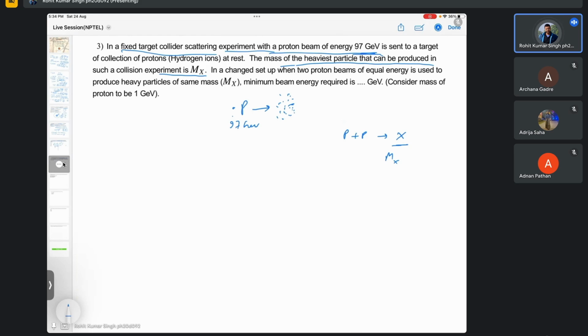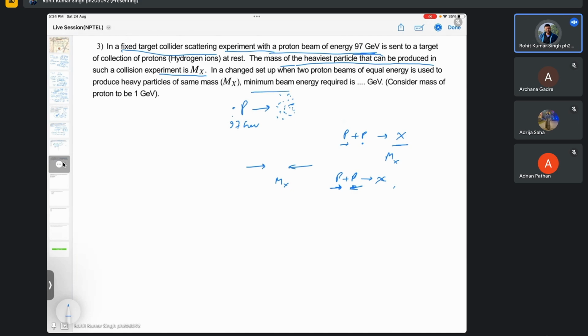Now if you change the setup so that instead of a fixed target, you have two proton beams of equal energy colliding, bumping into each other, and creating the same mass mx. Here one was moving and one was stationary; now both are moving and colliding.